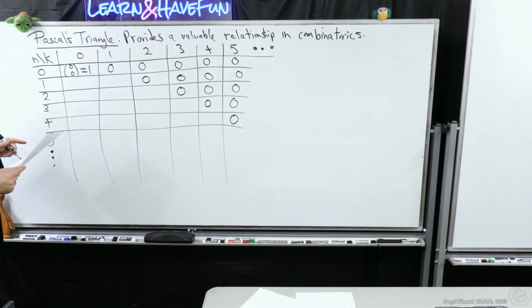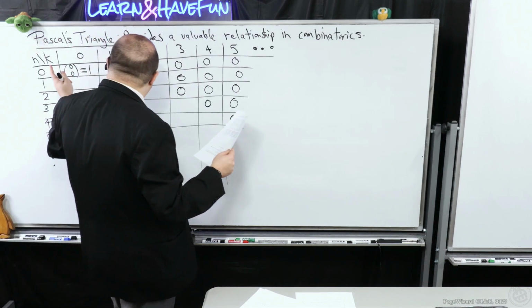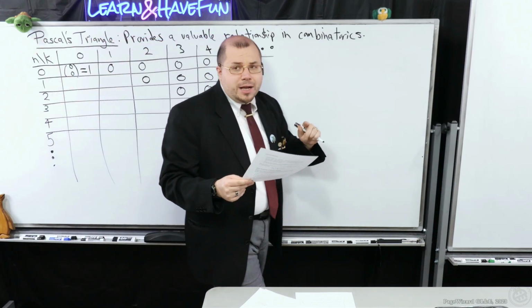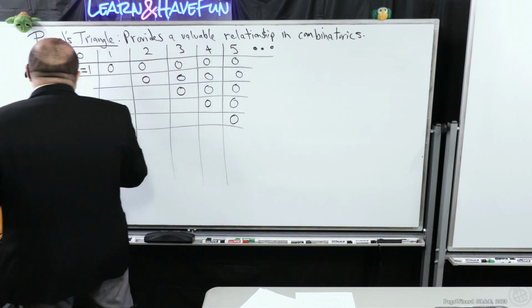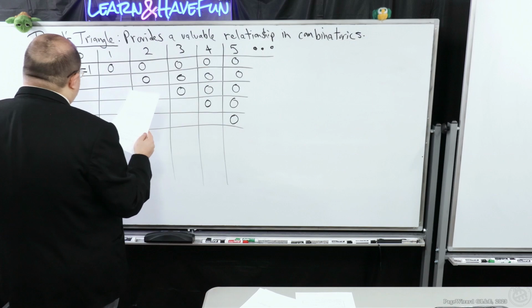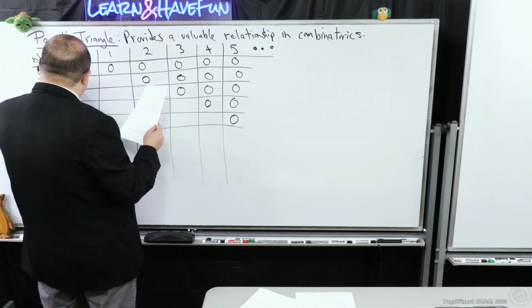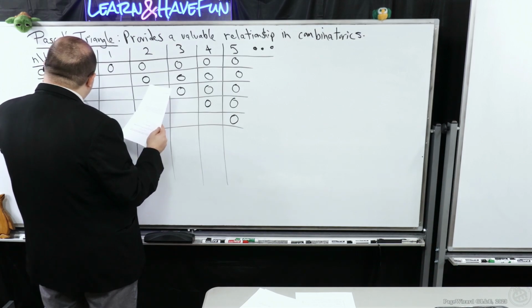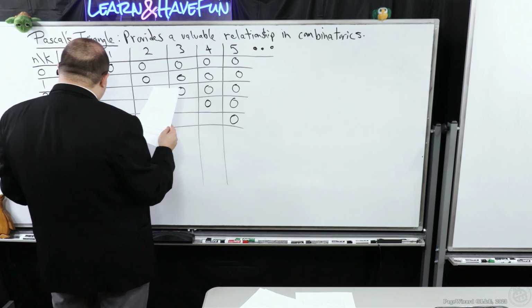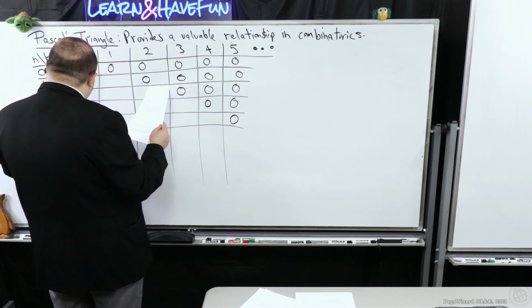Next, instead of going row by row, I'm going to go column by column at first. I'm going to have 1 choose 0, then 2 choose 0, 3 choose 0. So I'll do the first column because it's so easy. 4 choose 0, then 5 choose 0.